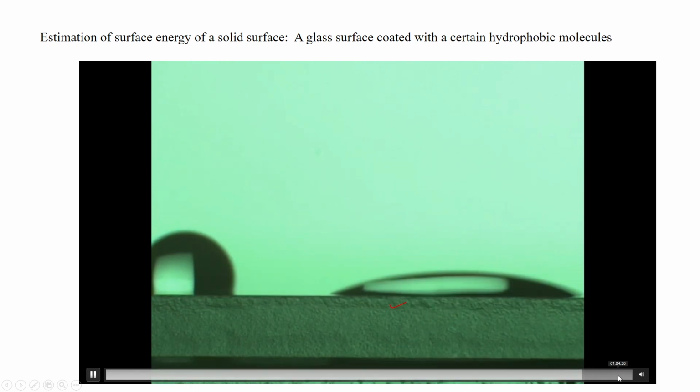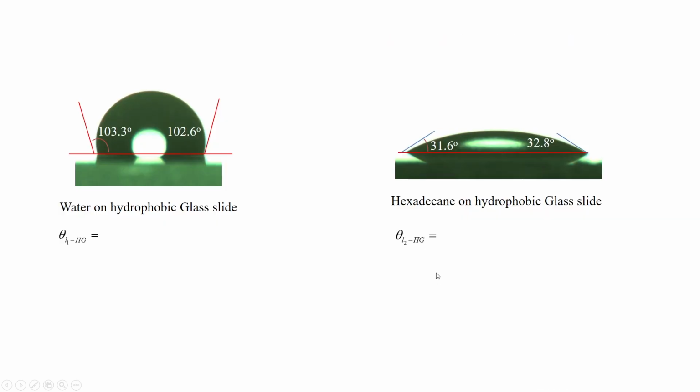So, what we do is find out the contact angle of these two liquids on the same glass surface. You see that the glass slide having this monolayer allows these two liquids to spread to different extents on this surface. So, first of all you have to see the contact angle.